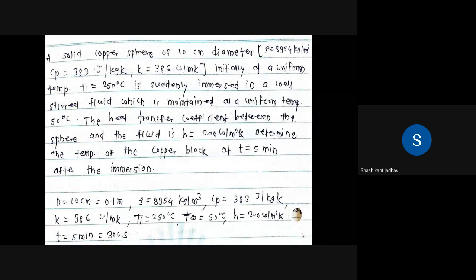Density is given. Then Cp is given, Cp is equal to 383 joule per kg Kelvin.